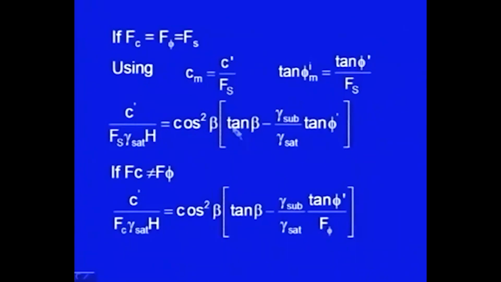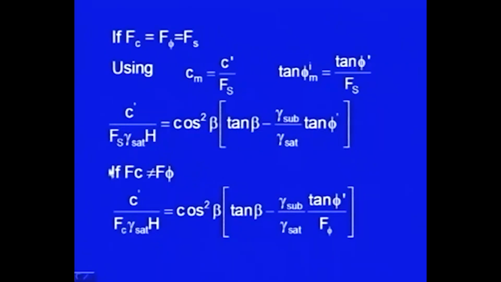Now, if we use the same factor of safety for cohesion and for angle of internal friction, for shearing strength, then in the equation we will be replacing the parameters: c m will be c dash upon F s and tan phi m dash will be tan phi dash upon F s, and you will be getting this equation. c dash upon F s with respect to shearing strength, gamma saturated into h will be equal to cos square beta into tan beta minus gamma submerged upon gamma saturated tan of phi dash.